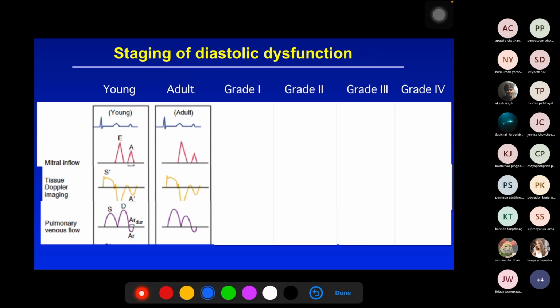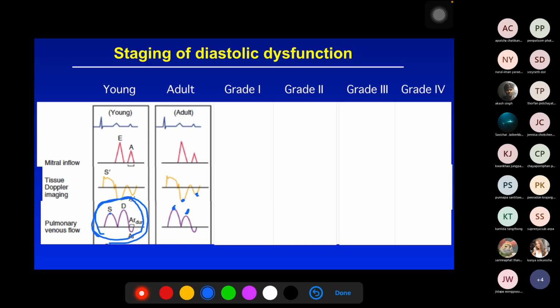Okay, if we integrate all of the parameters, the mitral valve inflow, tissue Doppler imaging, and pulmonic vein flow, to create the diastolic function: the normal mitral valve inflow E over A ratio is about 1 to 2, E prime over A prime, and pulmonic vein Doppler S over D. Oh, one thing you should know, in the young adult, sometimes we can see S less than D. This is normal in the young adult because the LV relaxation, the LV has very good compliance.